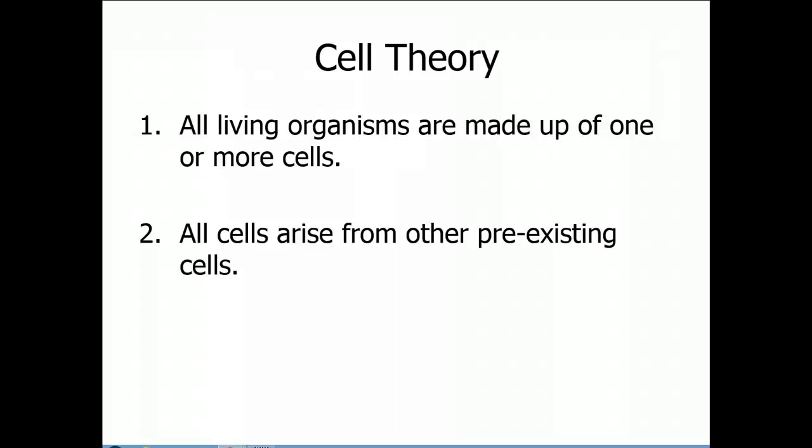So you might want to keep an image of that close by just so that you can see this. So again, just for review, cell theory is all living organisms are made up of one or more cells. And if you recall from chapter 1, a theory is true until proven otherwise, and it's pretty much past the test of time. All cells arise from other pre-existing cells.